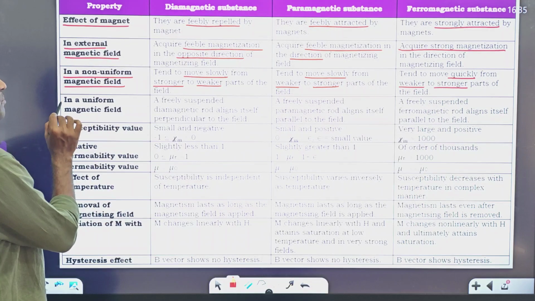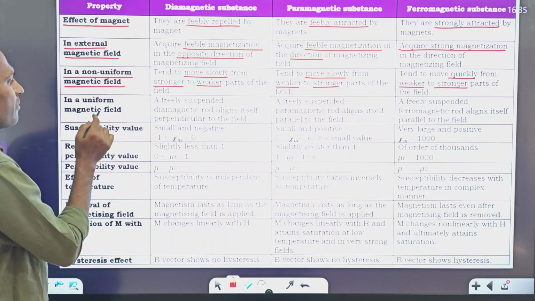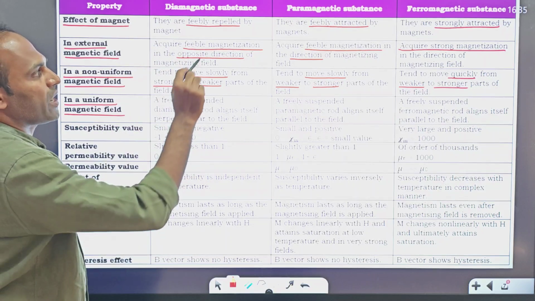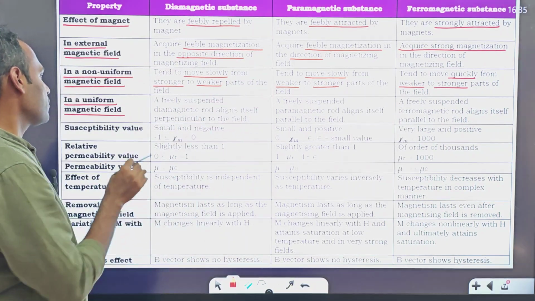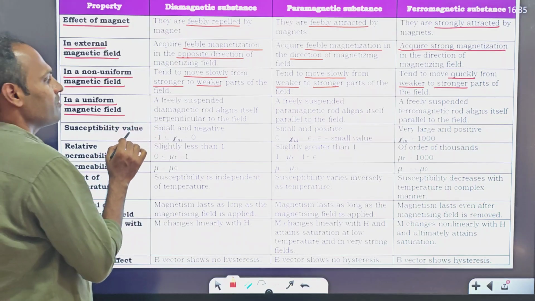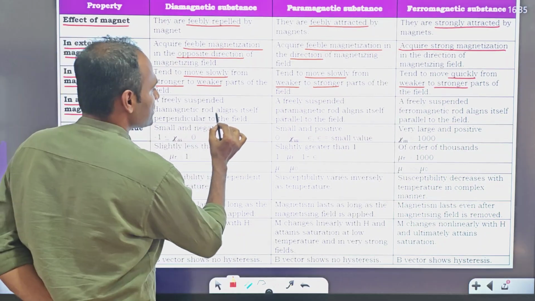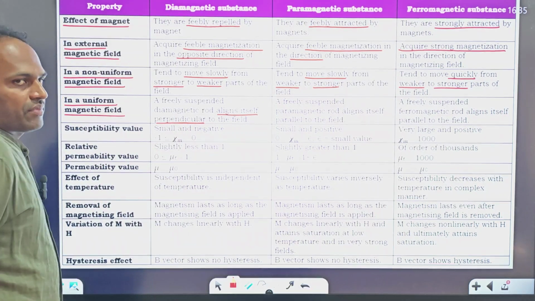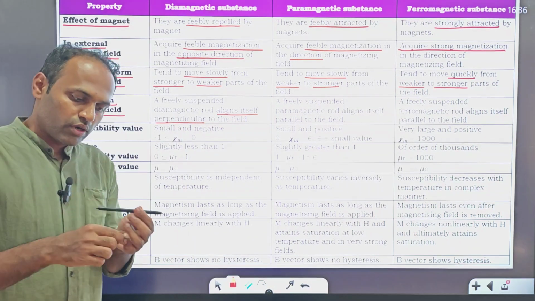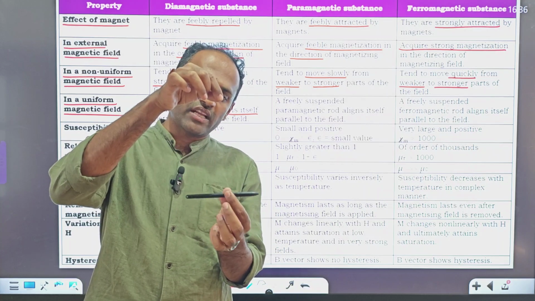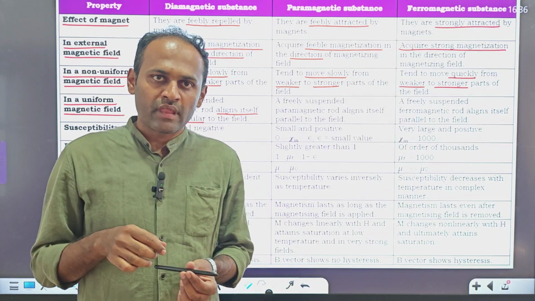Next, if you keep a magnetic rod in a uniform magnetic field, take a diamagnetic rod, a paramagnetic rod and a ferromagnetic rod and keep them in a uniform magnetic field. Suppose you tie a thread to the diamagnetic rod and hang it freely. How will it stand?